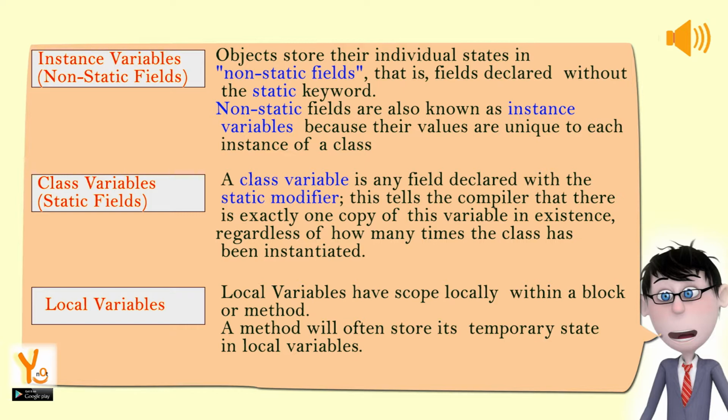Class variables, static fields: a class variable is any field declared with the static modifier. This tells the compiler that there is exactly one copy of this variable in existence, regardless of how many times the class has been instantiated. Local variables have scope locally within a block or method. A method will often store its temporary states in local variables.